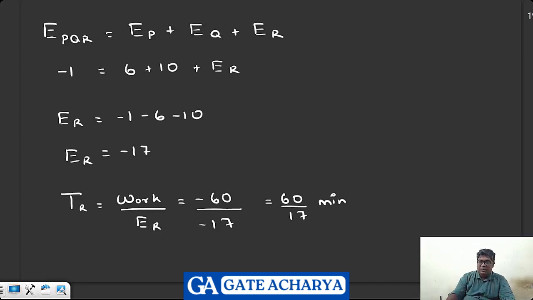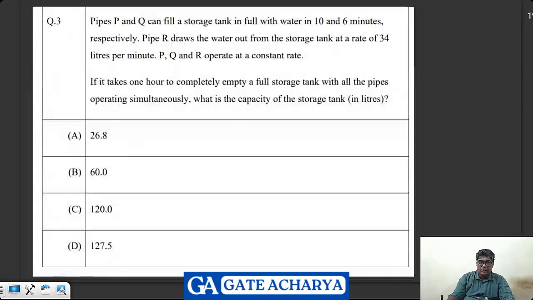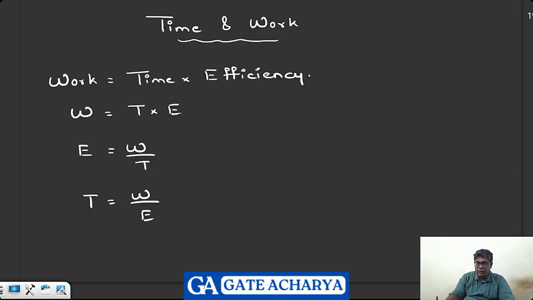Now, one thing is mentioned in this question. You can see the question. The flow rate of the tank is 34 liters per minute. That is, it is leaking water at the rate of 34 liters per minute. So what do you mean by flow rate? Let me explain flow rate to you.